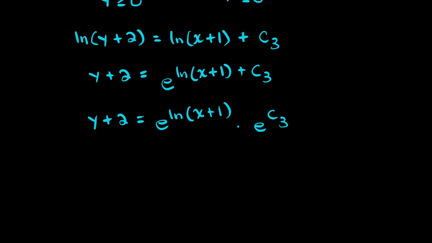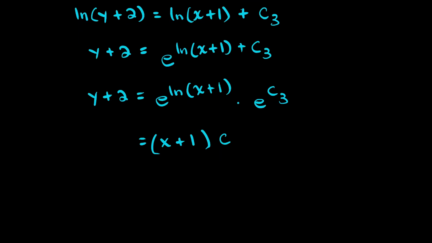Now something to realize here is if we have the natural logarithm that is the exponent to an e here, that's going to basically simplify to just x plus 1. And now what we also realize is this e to the c3 is also just another constant, and we can just call that c.